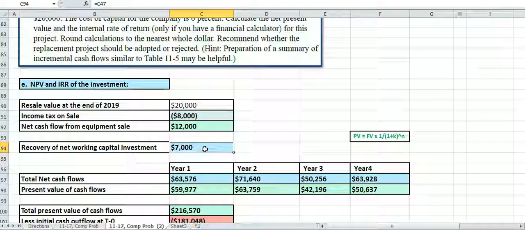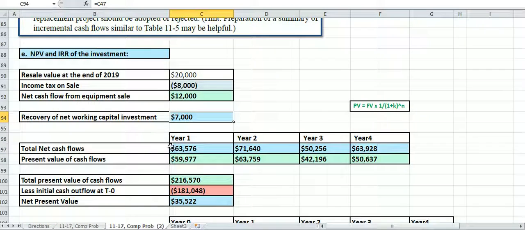So once we do that, our cash flows are going to be here, and this is the actual total net cash flows in the blue, and this is the net present value of each of the cash flows, using the discount rate here of 6%.